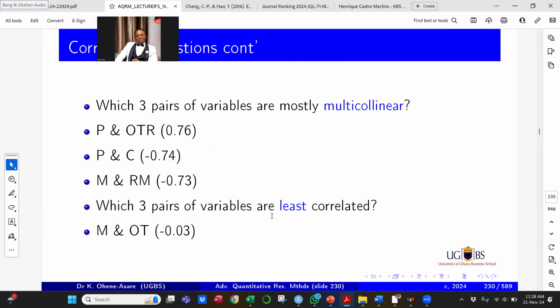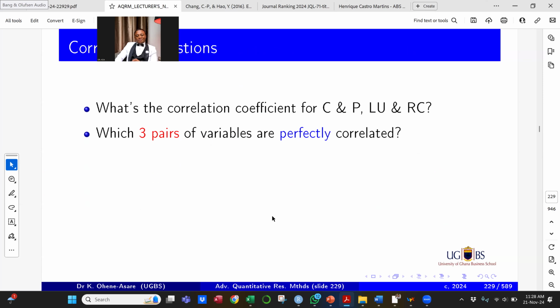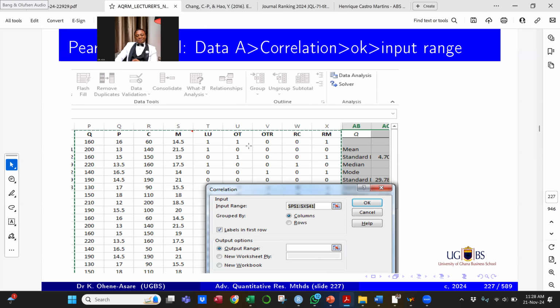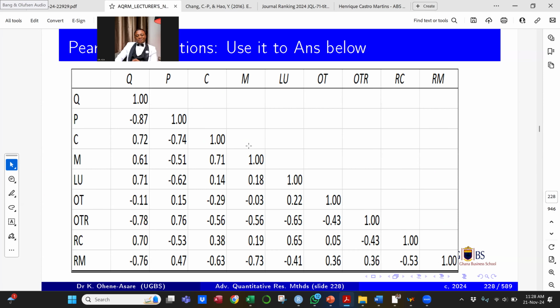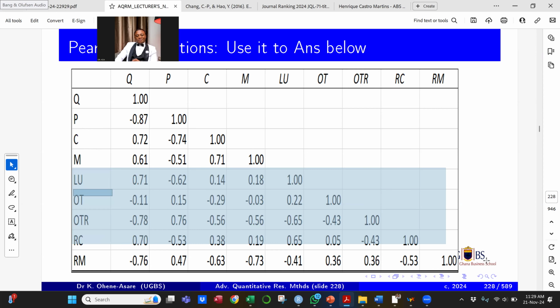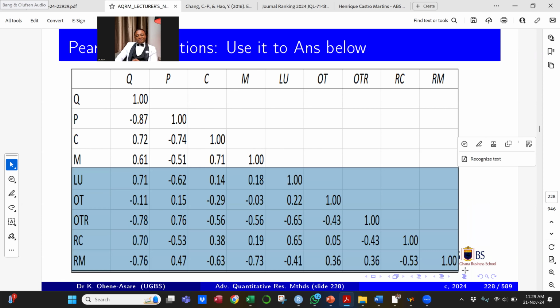This is a correlation matrix, the one you can see here. There are some few things I want you to take note of before you go. This is the entire correlation matrix, the one you saw in Excel. Don't worry, even though I'm showing you this, I've already told you that anything here is not that important because they are all the dummy variables. Okay, but I can ask you some questions.